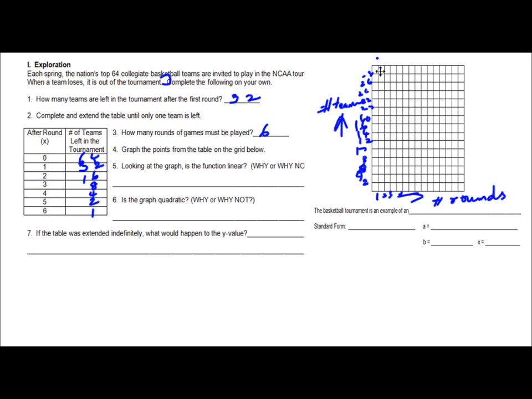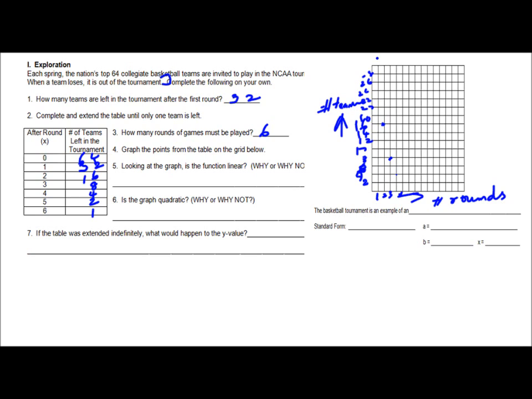So let's start out with the second round, just 16. After the second round, there will be 16 left. So this is what we have here. That is 1 point. And then after the third round, you'll have 8 left. So 8 is here. And after the fourth round, you'll have 4 left.